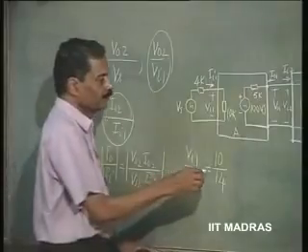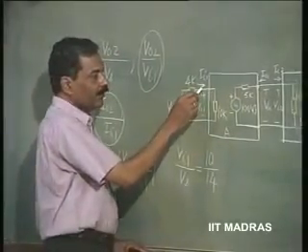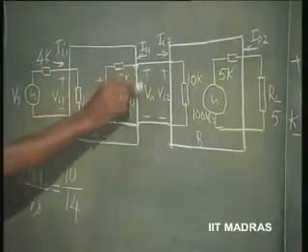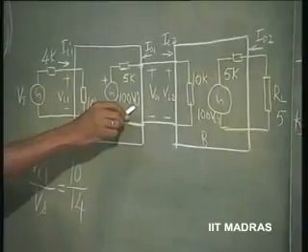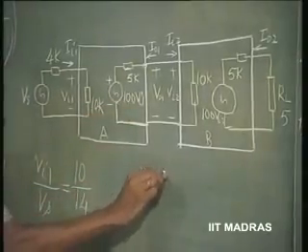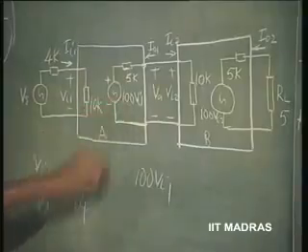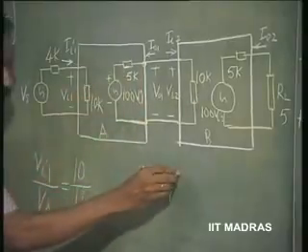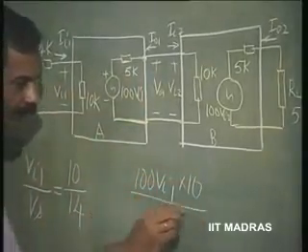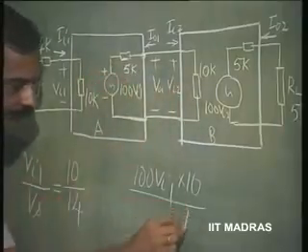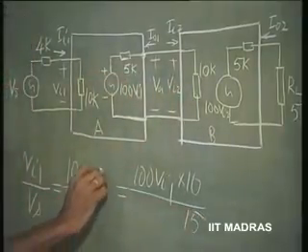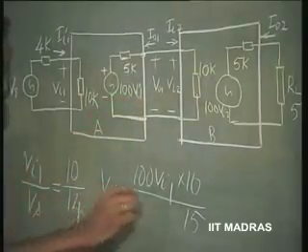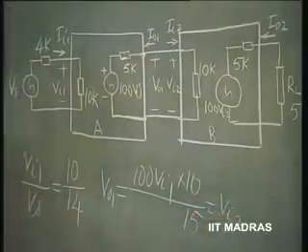Then let us evaluate V naught 1 by V I 1. Now, what is V naught 1? You have 100 times V I 1 coming here, so 100 times V I 1 comes here straight away. That source is going to have the voltage divided between this 10K and 5K. So we have 10K divided by 10K plus 5K, 15K. So that is equal to what? V naught 1, which is the same as V I 2.